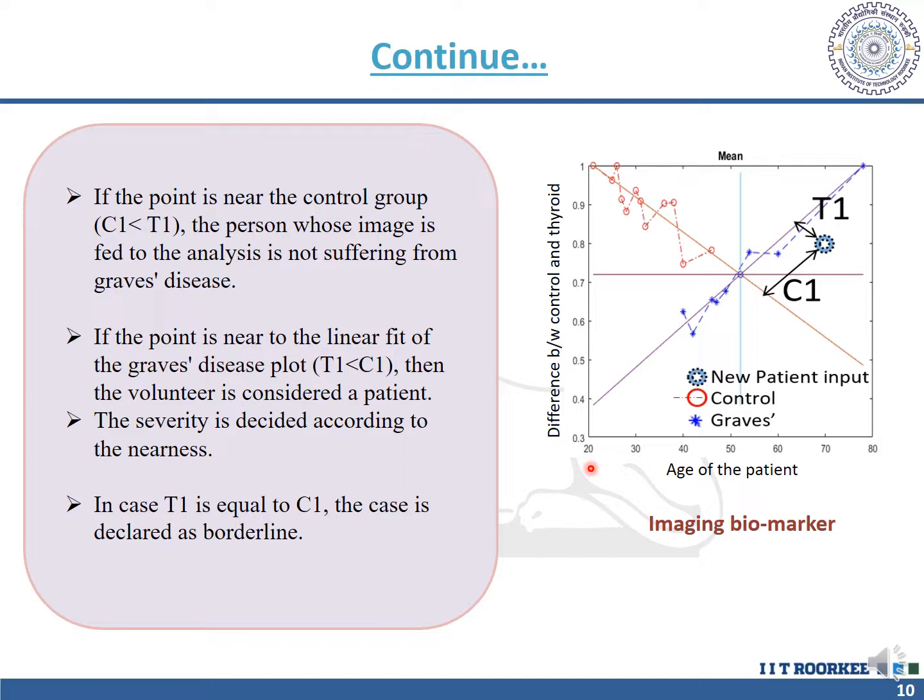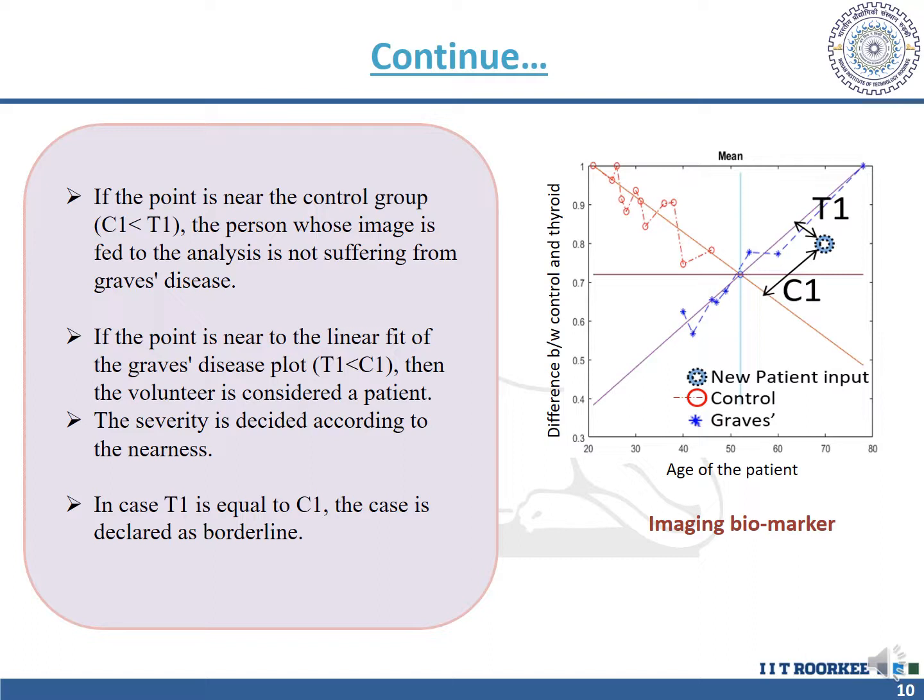And the severity of the disease is decided according to the nearness of the data to these lines. Or if the patient has value T1 equal to C1, then this data is declared as borderline.